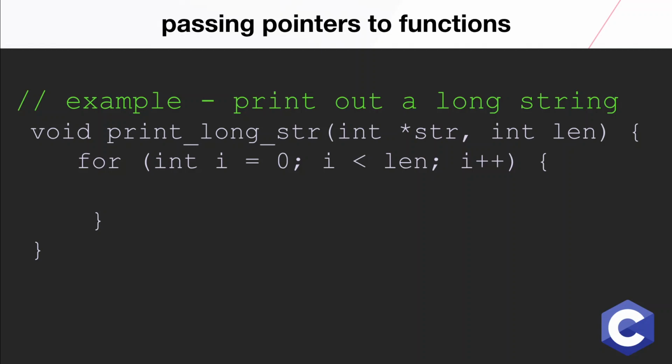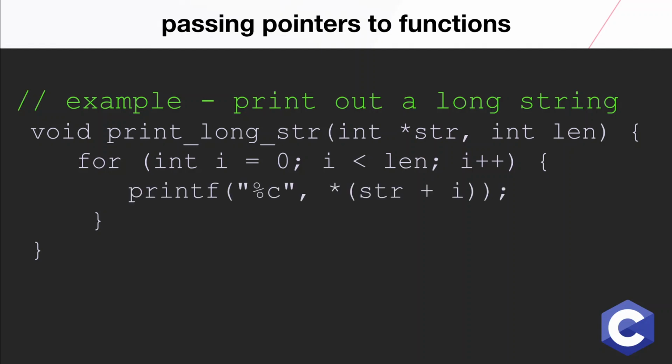Then I'm going to have to go character by character as I'm printing out this string, because remember, the pointer to my string is really just pointing to the first character. So if I want to print out the whole entire string, I'm going to have to do some pointer arithmetic to iterate through all the characters in my string. So I've got a for loop set up that will do that.